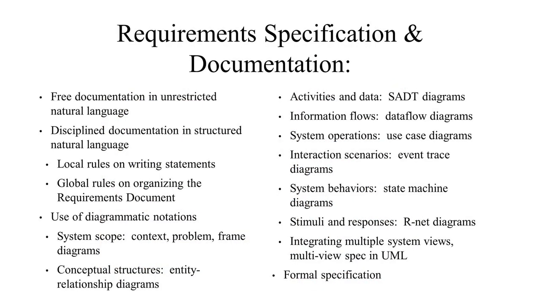There are a wide range of techniques that can be used for specification and documentation, and these range from totally informal, to semi-formal, to formal. In this course, we're going to be focusing mostly on the semi-formal. In agile environments, if a document is required, free documentation, or a disciplined documentation in structured natural language, along with some diagrams, are often used.